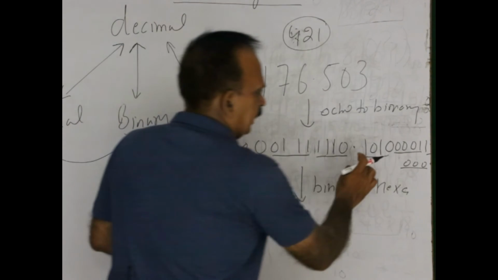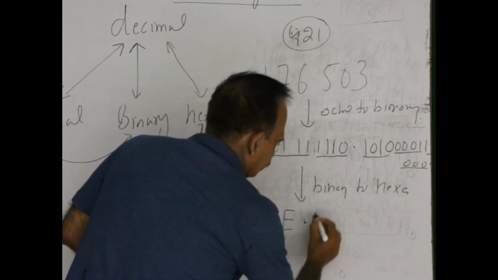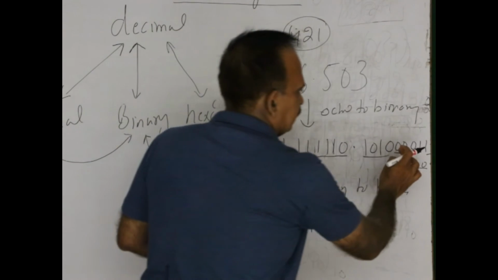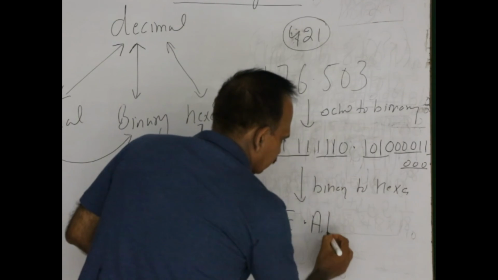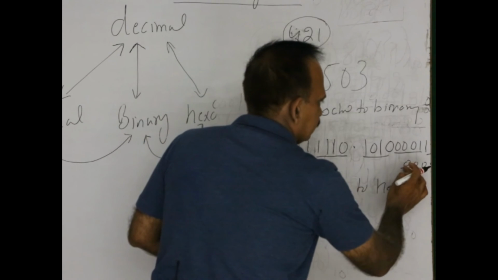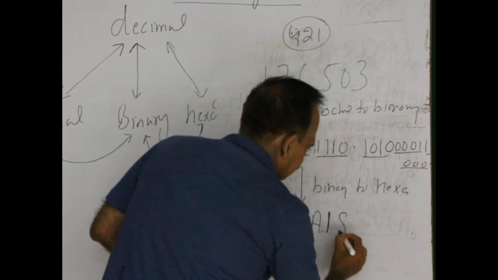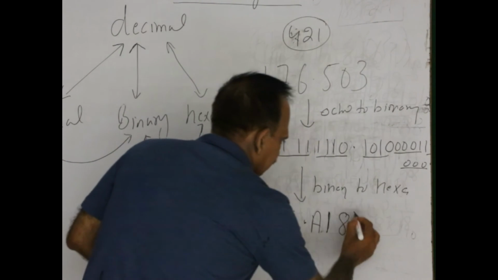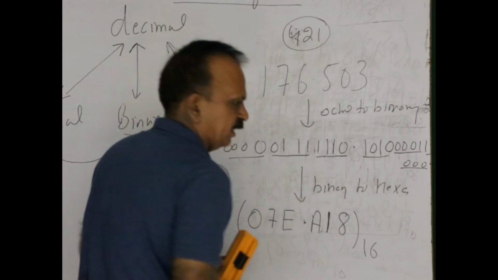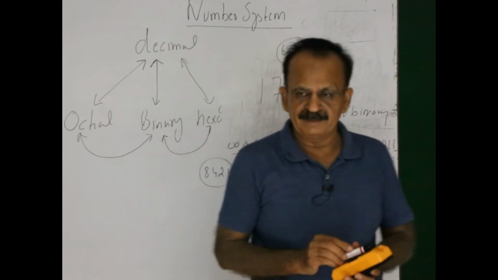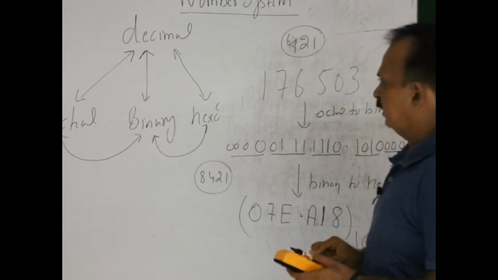The next one, 8 and 2, 10. It is going to be A. The next one is 0, 0, 0, 1. It is going to be 1. 1, 0, 0, 0. This number is going to be 8. This is the hexadecimal equivalent of the given octal number.